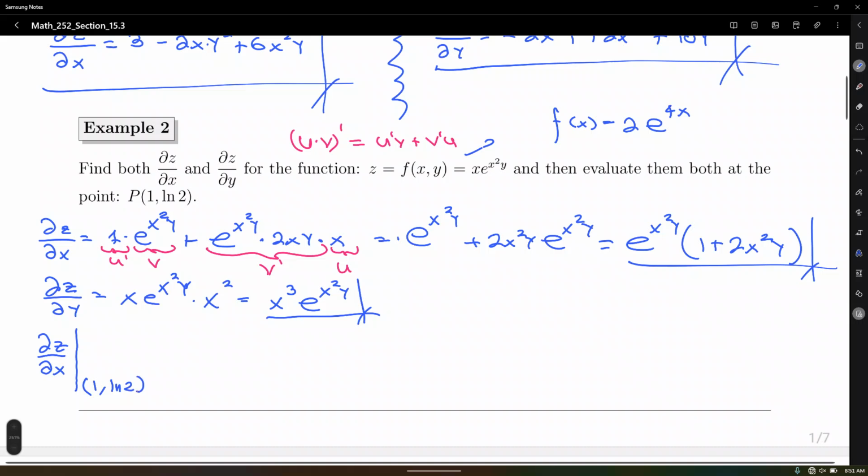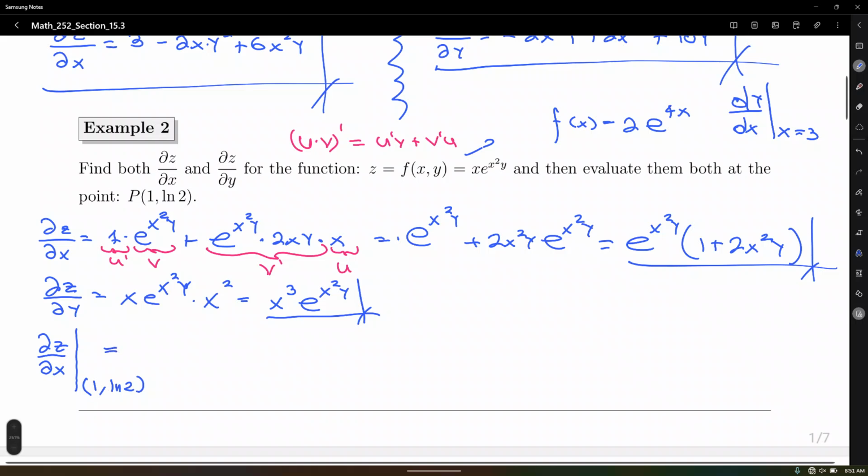In a similar way, when you evaluated the derivative of y with respect to x, you put a bar, x equals 3, if you want to evaluate the derivative at 3. Well, you would denote it this way with a bar and indicate the x value. Now, because we have a function of two variables, I'm not going to write x equals 1, y equals ln of 2. The ordered pair is more than enough. All right? What do we do next?